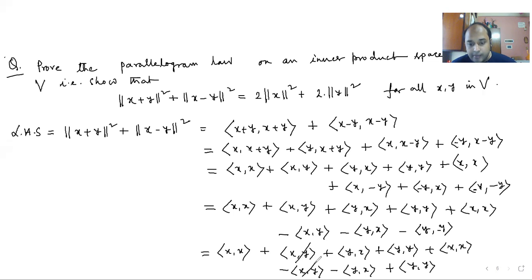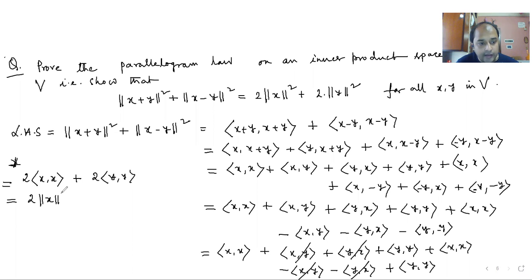And xy and minus xy will cancel each other, yx and minus yx will cancel each other, and ultimately we'll be getting 2 into inner product of x comma x and 2 into inner product of y comma y, and that is nothing but 2 into norm x squared plus 2 into norm y squared. Okay, so this is proved.